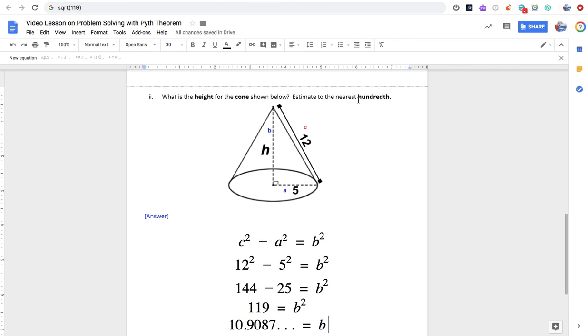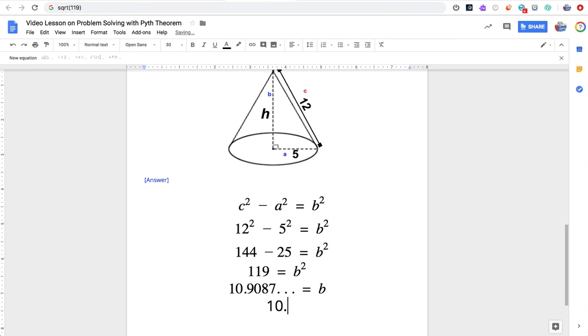And when I need to round that to the nearest hundredth, that's 10.90, but I have to look at the 8, so I'm going to round up to 10.91, which is what the height, or side length B here in the Pythagorean theorem, is actually equal to.